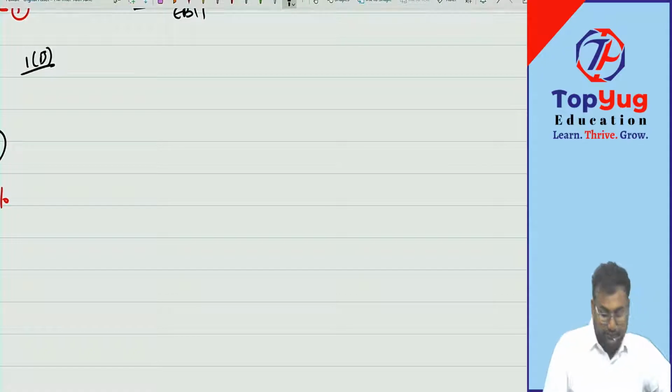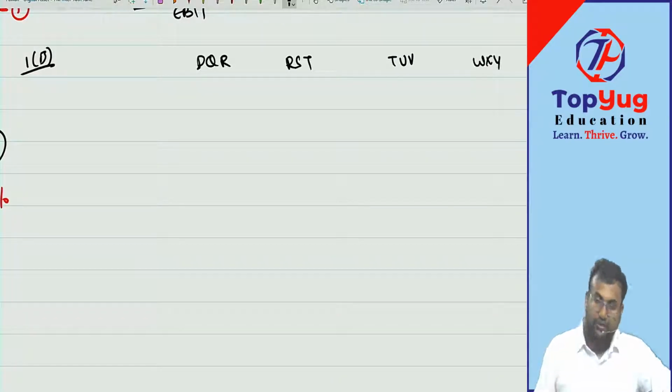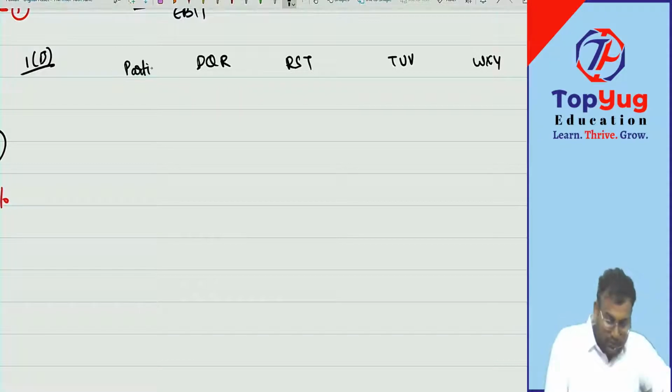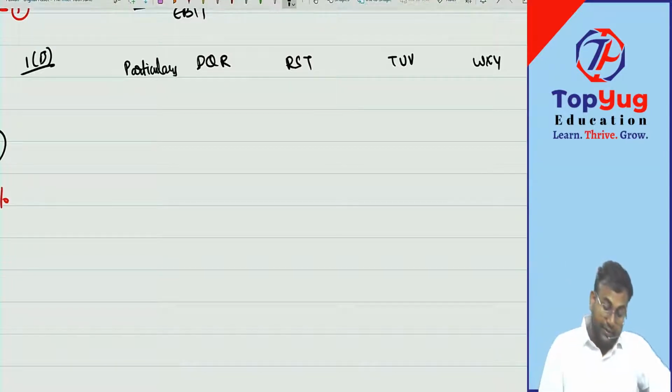One D. PQR, RST, TUV, WXY. Particulars. What are the particulars given? Percentage change in revenue.